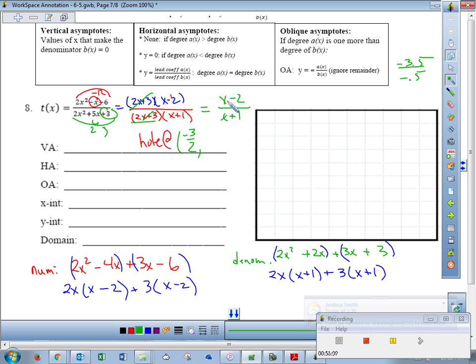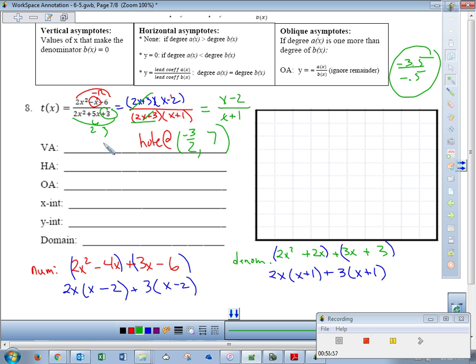If you put negative 1.5 in for x, you get this. Punch that in, and what does that turn out to be? So you get 7 for that. Is that what you get? 7? So my hole is at negative 3/2, 7.